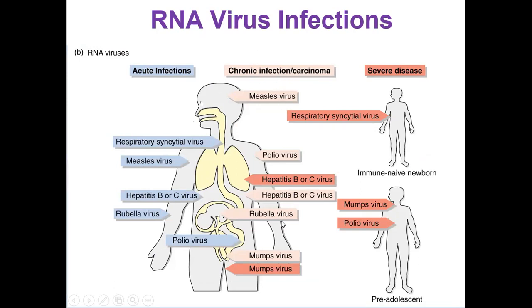There are different RNA viruses such as polio, hepatitis, rubella, mumps, or they can cause severe diseases such as RSV, or respiratory syncytial virus, poliovirus, mumps virus. These are viruses whose genome is RNA and they can easily cause very severe infections and diseases in immune naive newborns or immune compromised adults.